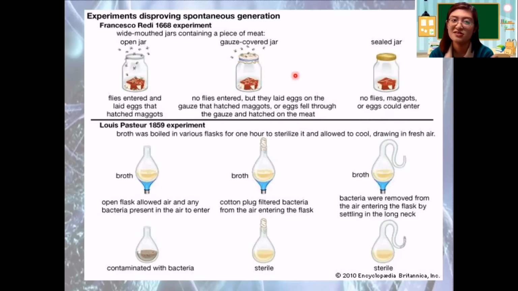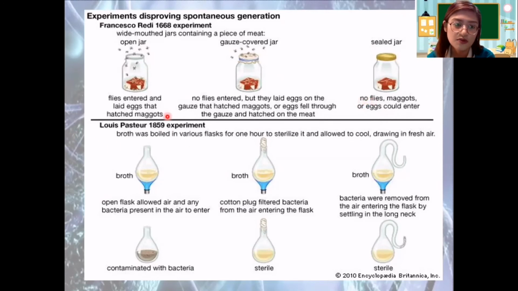So therefore, this disproved that a piece of meat can actually turn into something living, okay, like the maggots. So that's why if you leave a piece of meat outside, flies will gather over it, lay eggs, and that's why in a few days maggots will be seen. Okay, but if you seal the meat, there will be no flies and no maggots and eggs that could enter.